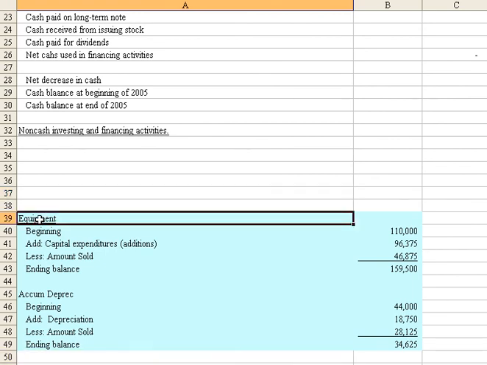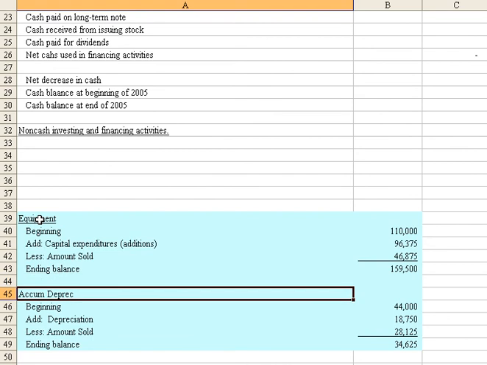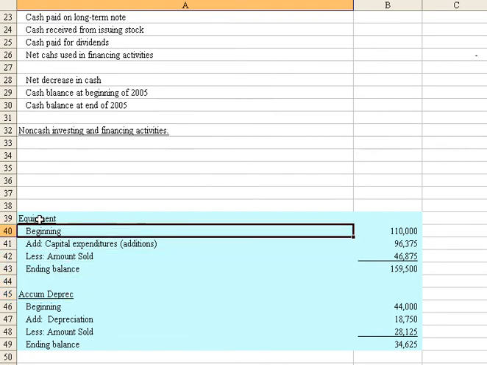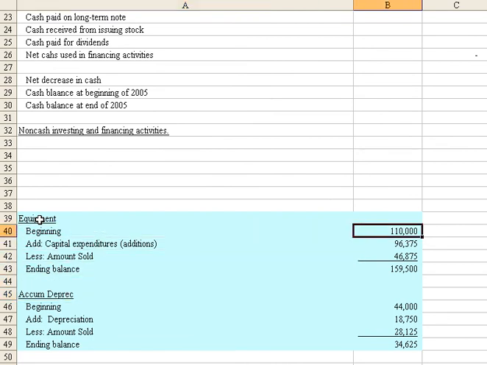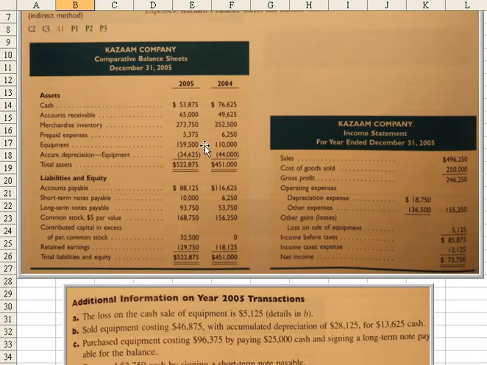Okay, for both equipment and accumulated depreciation, I'm proving the balance. They gave us the beginning balance of $110,000. They tell us we had purchases of $96,375. We sold $46,875. If those are the only thing that happened to the equipment, then the ending balance should equal what they gave us in the problem, $159,500. And sure enough, it matches right there. So we've accounted for that correctly.